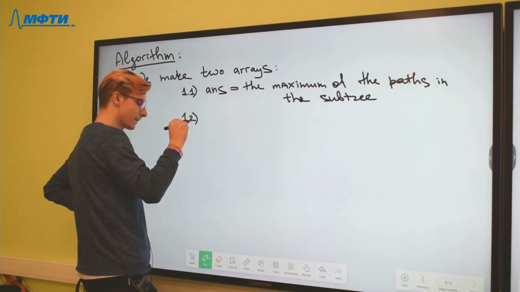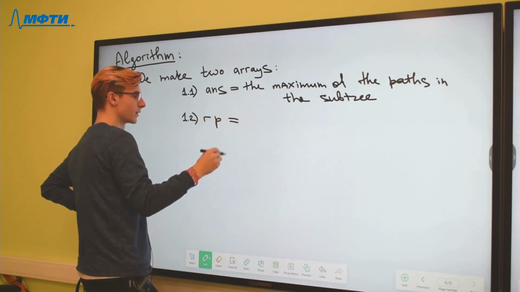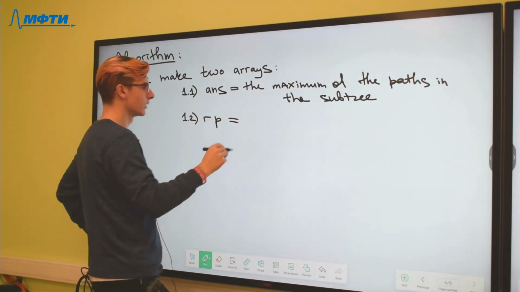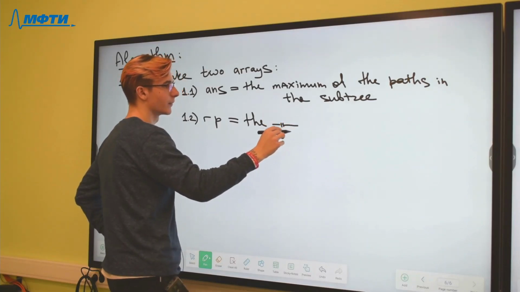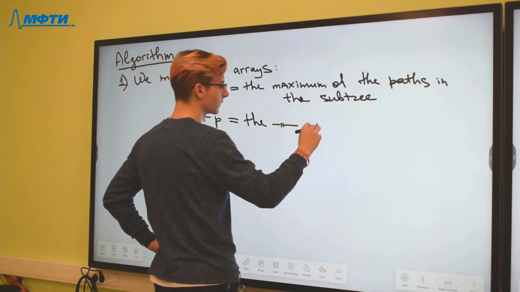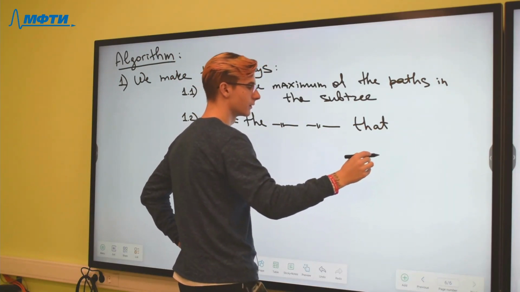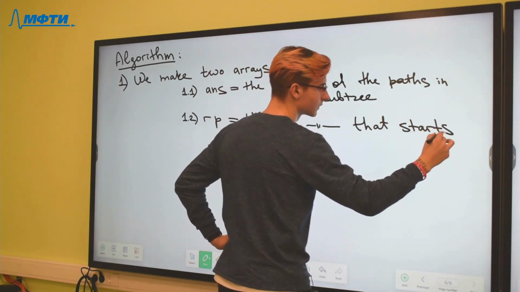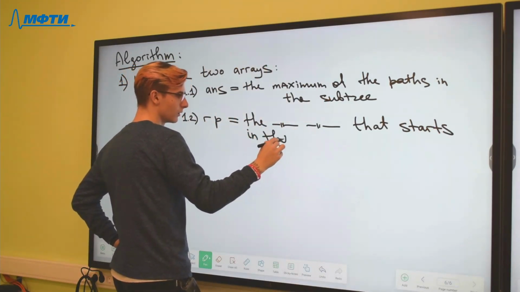We name it RP, root paths, the maximum of the paths in the subtree that start in the roots.